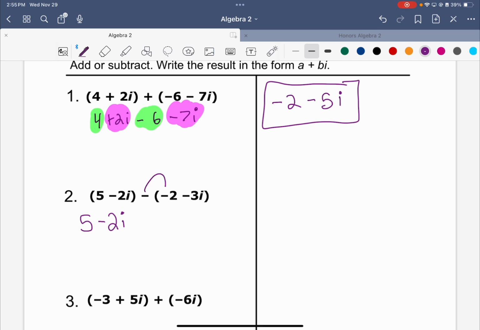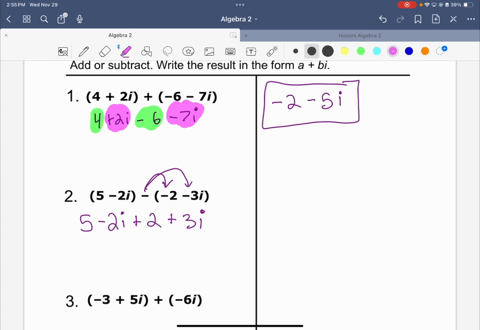However, we need to distribute that negative into the parentheses. So -2 becomes +2. Negative 1 times negative 3i. A negative and a negative makes a positive, so that makes that 3i.